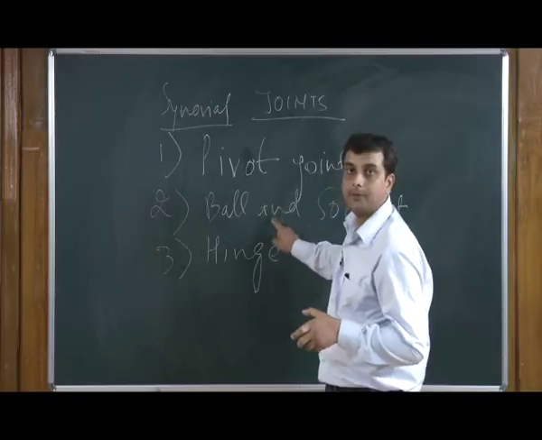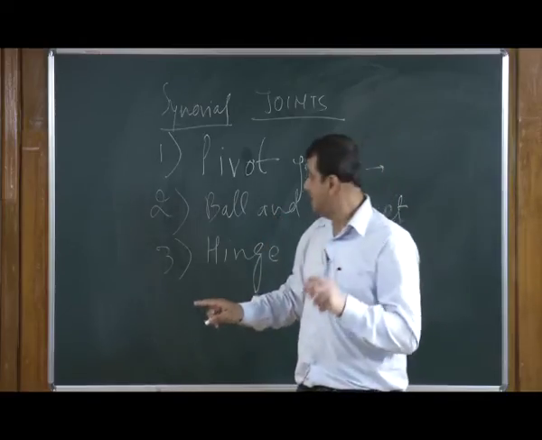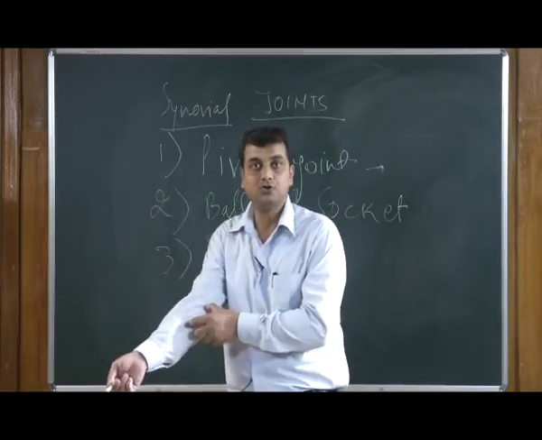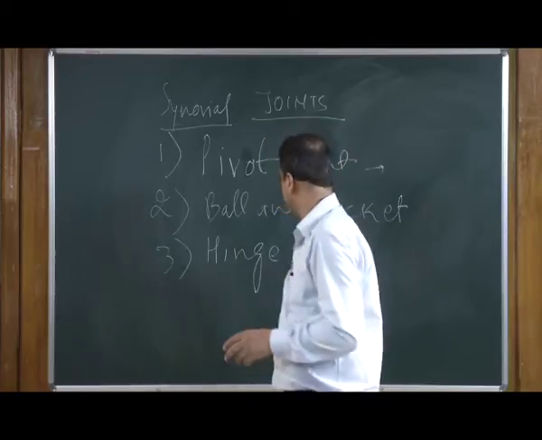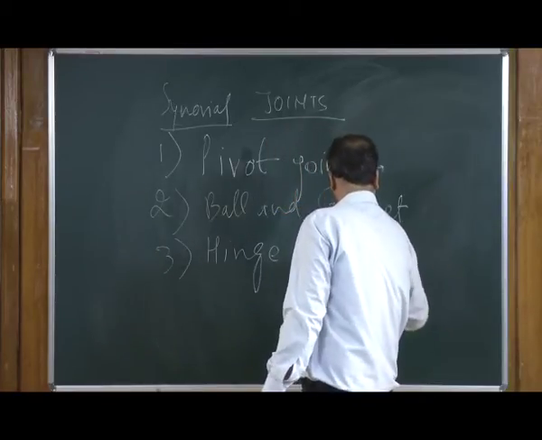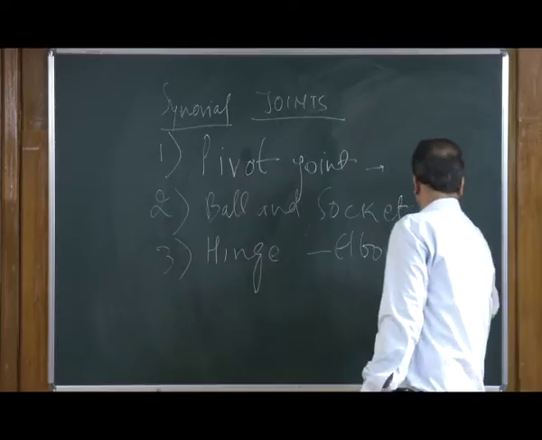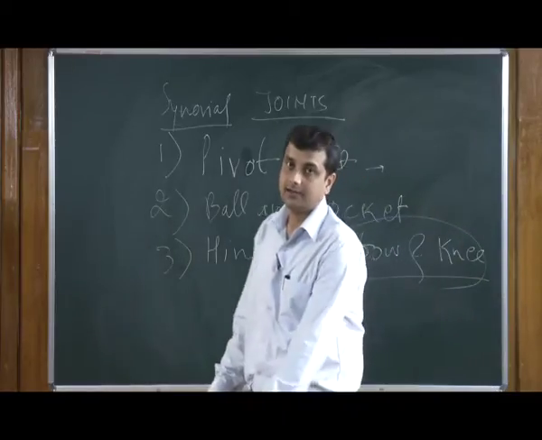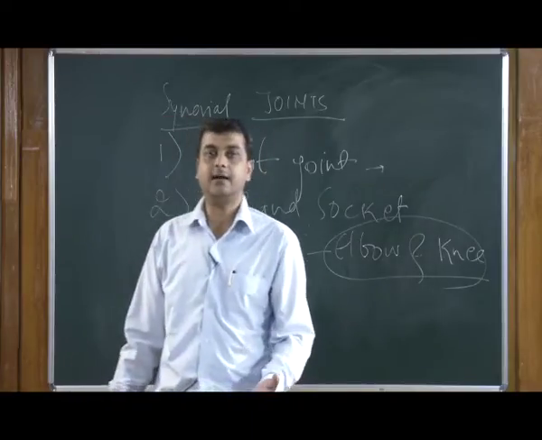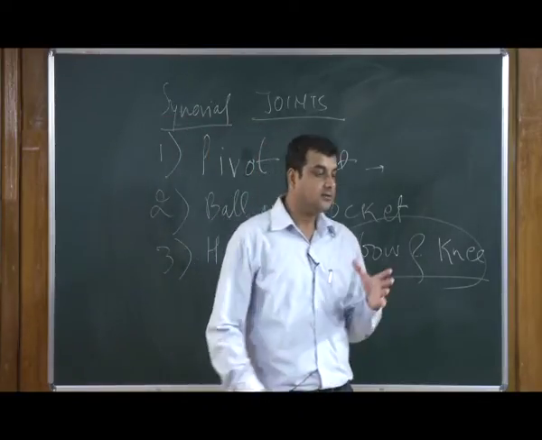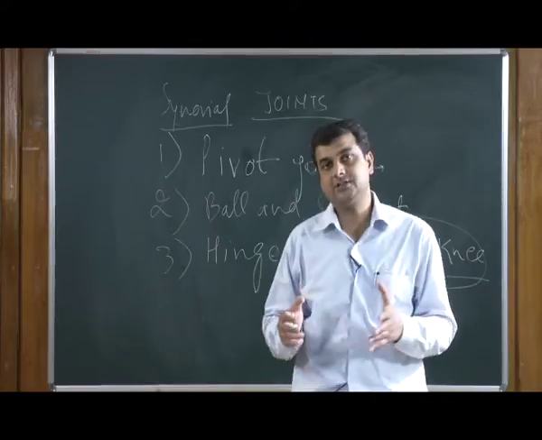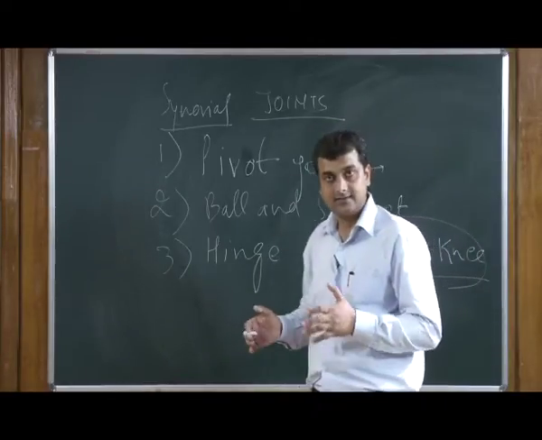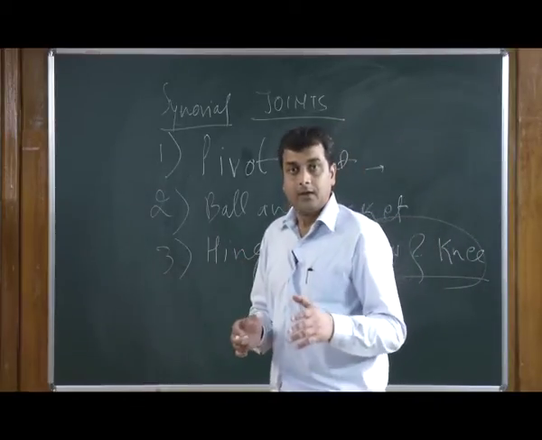These two are examples of ball and socket, while for hinge joint, the best examples are the elbow joint and the knee joint. These are the two hinge joints in our body. There are many other examples also. I am just giving the best possible match for these three joints.